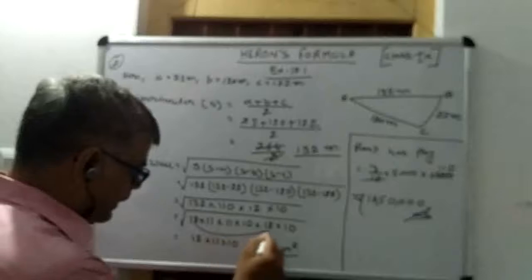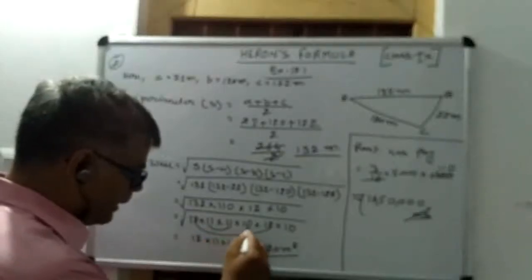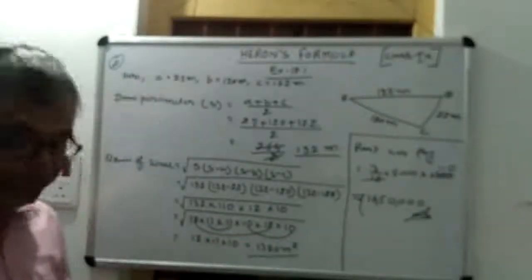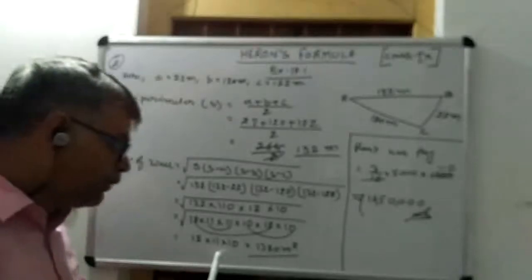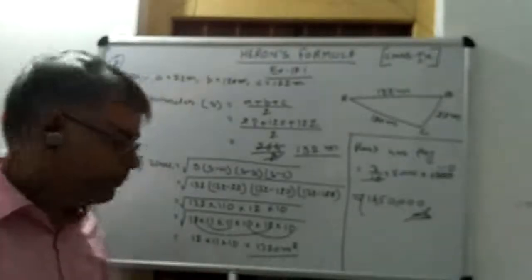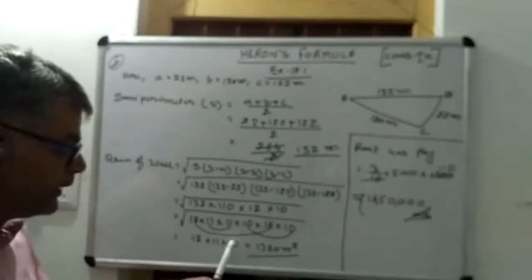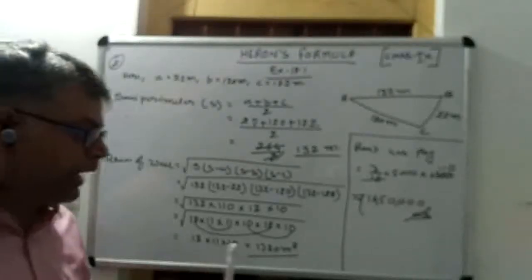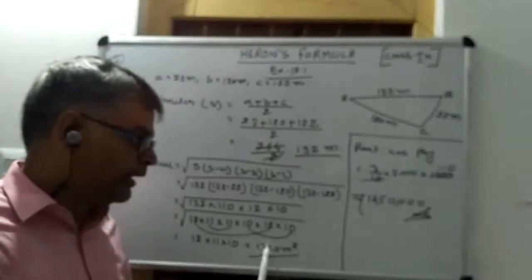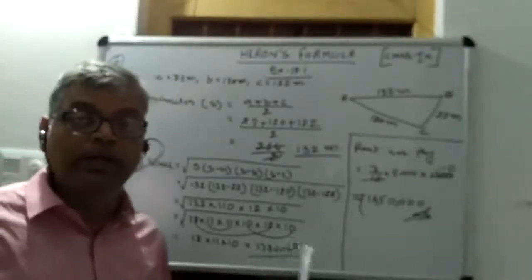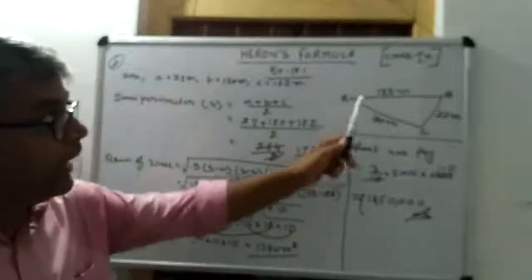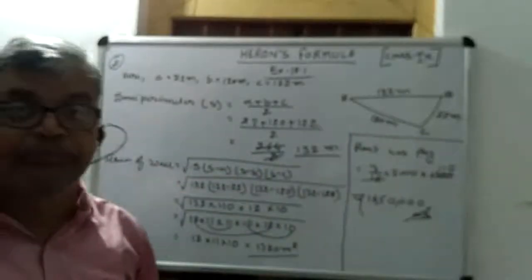This 12 is in a pair, this 11 is in a pair, and this 10 is also in a pair. So we take out 1 for each pair, and the square root of this number is 12 into 11 into 10. After multiplying it, we get 1320 meter square as the area of the wall.